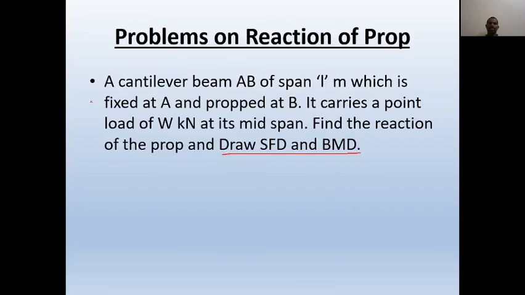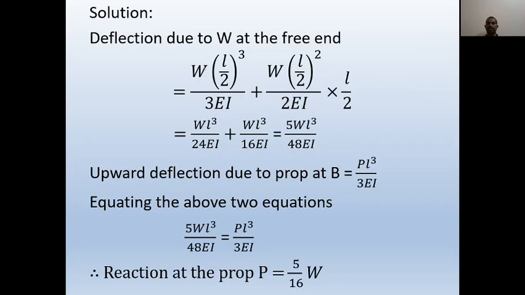So based on this discussion, it is something like this. We have a cantilever beam AB having point load W at its midspan. I'll draw it over here. Sorry, let us erase this.